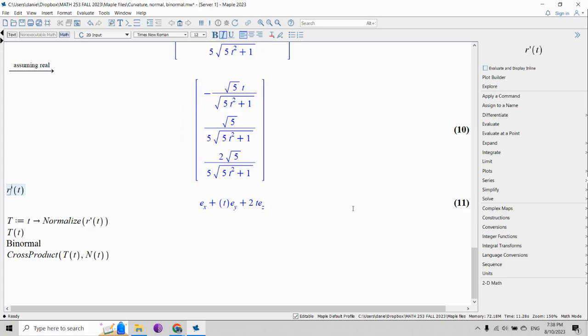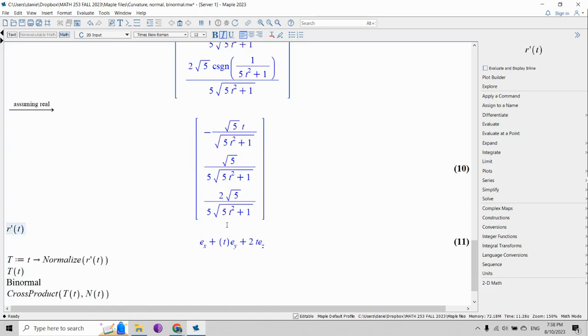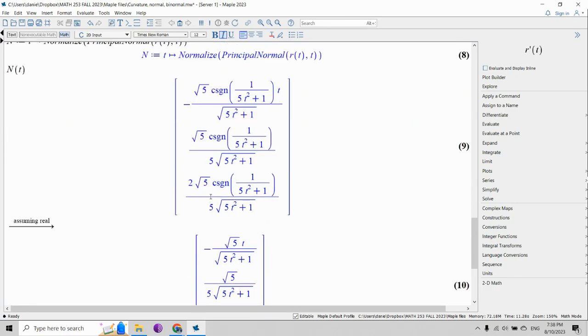You have to tell Maple that these are real numbers. So this is the n of t. It's simplified in a different form, but if you check it with your notes in the previous part of this lesson, it should be the same thing. It's simplified a little bit differently than what I did. So anyway, that's the unit normal.